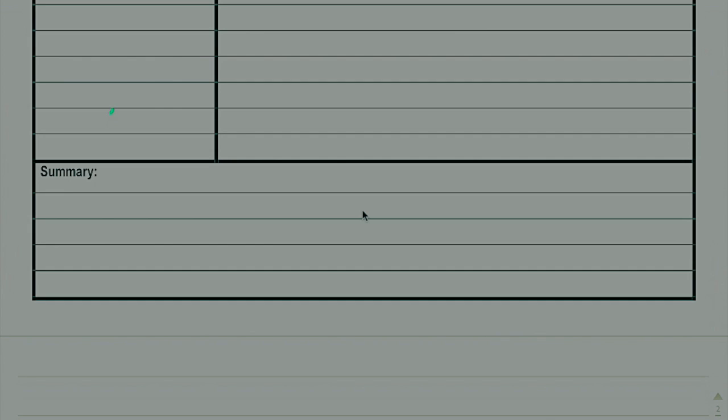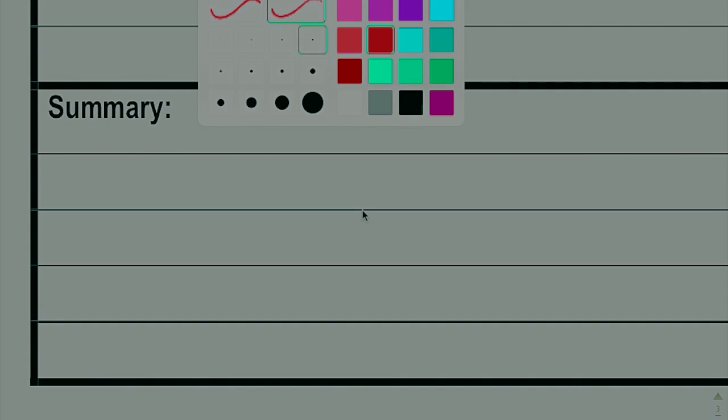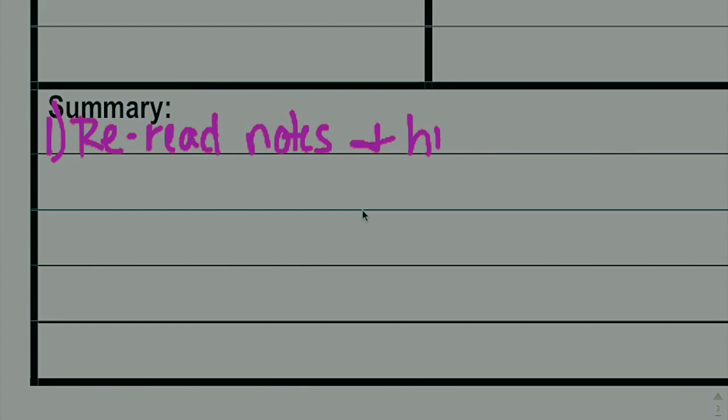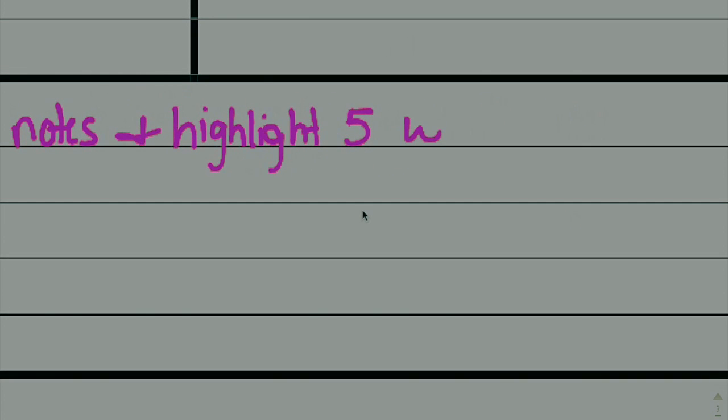Okay, so I'm going to go ahead and just briefly state the procedure that you guys need to remember when creating your summary. So the first thing is read notes and highlight 5 words or phrases that are the most important.